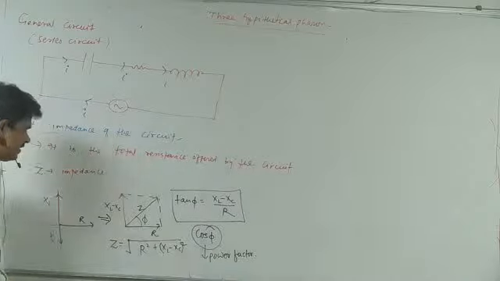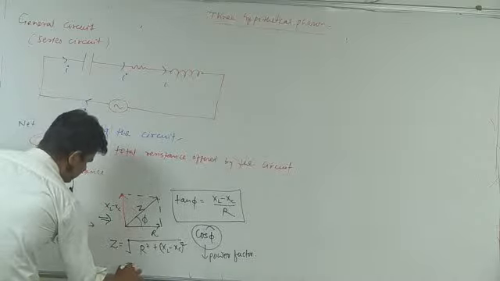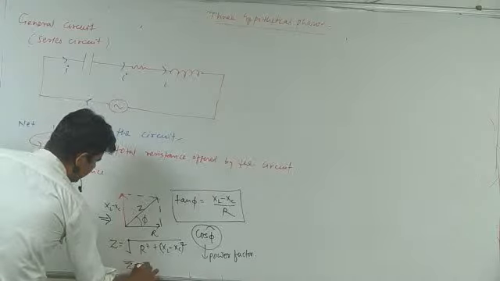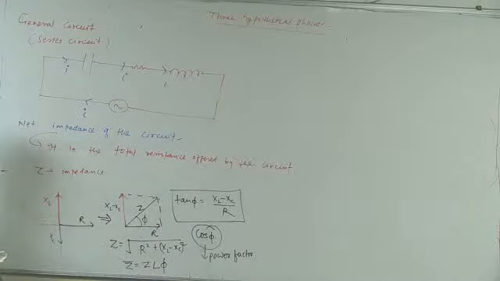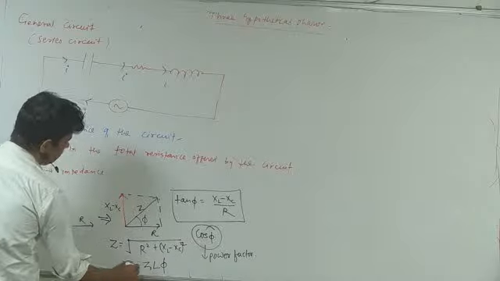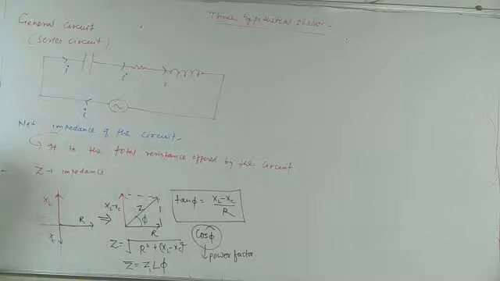Okay, this is Z. So what is Z phasor? Z angle phi. Z phasor is Z naught angle phi. Is that clear? That is the net impedance of the circuit.